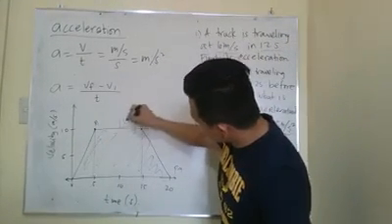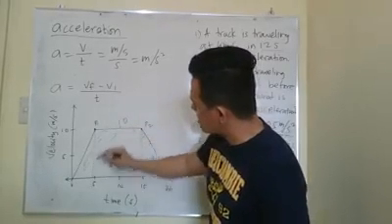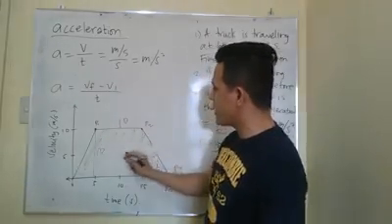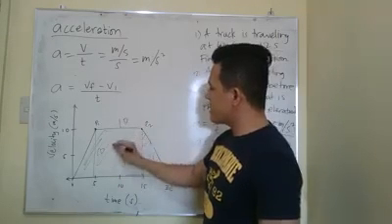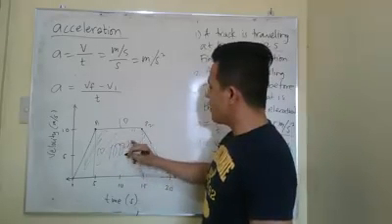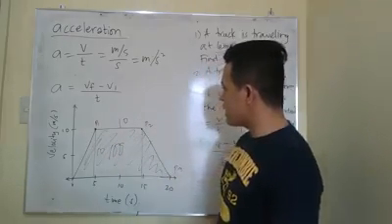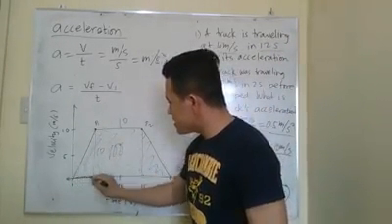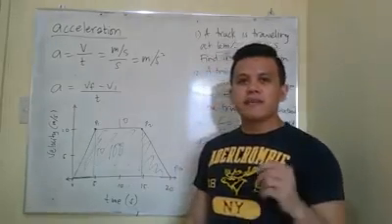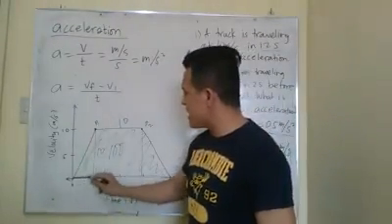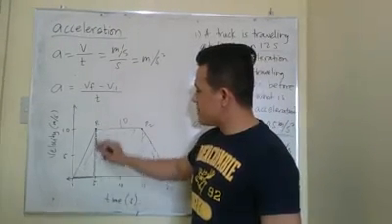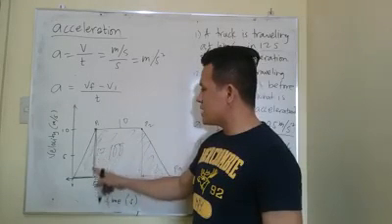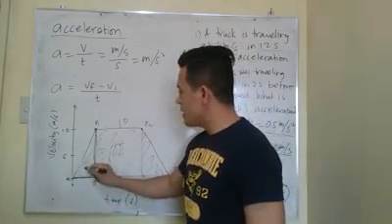This one is 10 and this one is also 10, so this is a square. The area of this is 10 times 10, that is 100. And this one is a triangle. Triangle is 1/2 base times height. The base is 5 and the height is 10. 5 times 10 is 50, half of that is 25.